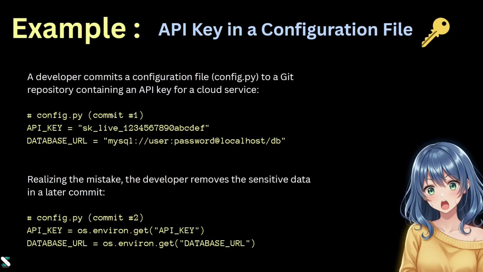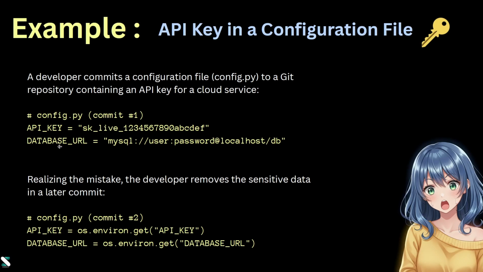If you look into the changes the developer has made, there is a variable named API underscore key. This is the API key, which should not be displayed or stored in the code, right? This is the mistake the developer has made.